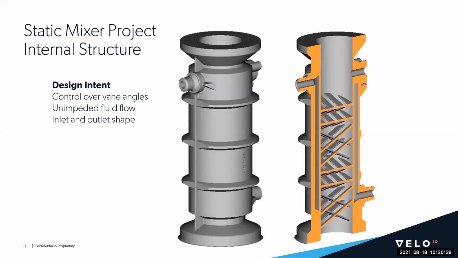That means we can't have any added features in the flow paths, like any sort of solid supports or anything permanent, and we don't want any excessively rough surfaces that could affect the performance either.